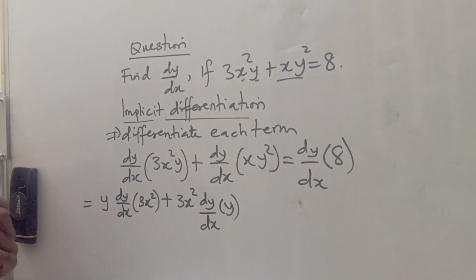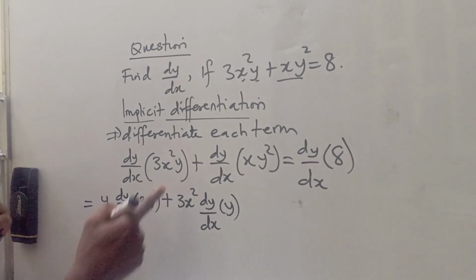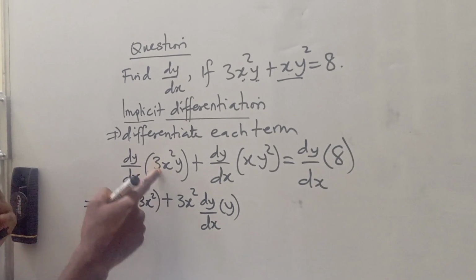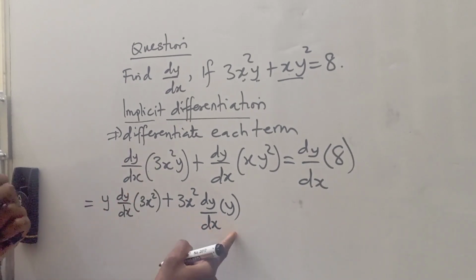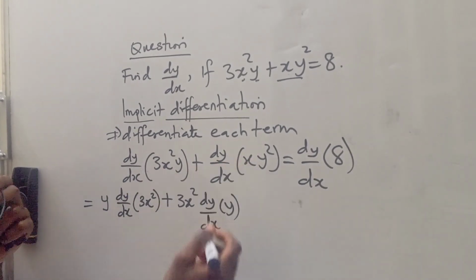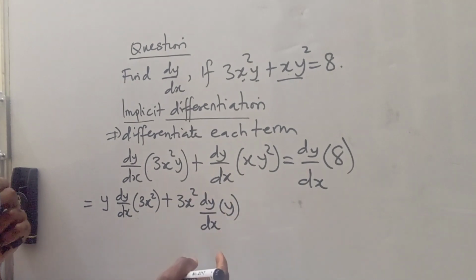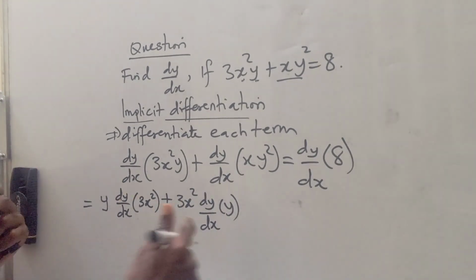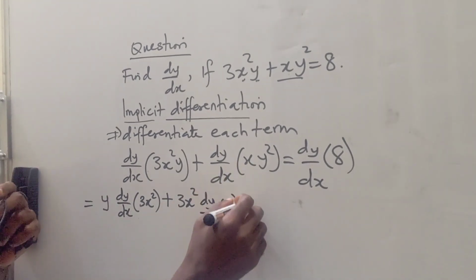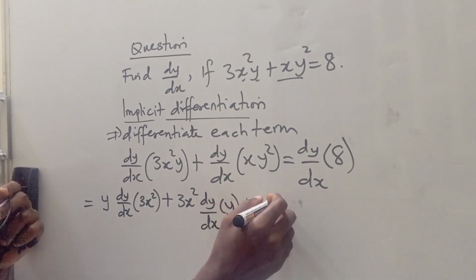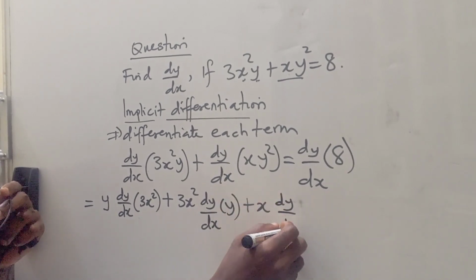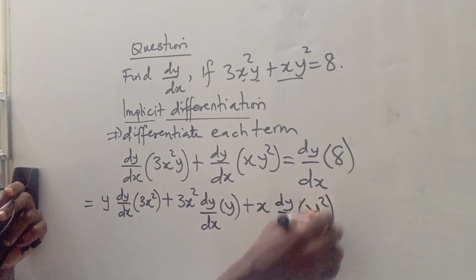All right, so that's how to do implicit differentiation. You keep this, differentiate this, you keep this, differentiate this. So we've done this for this part. Now we're going to do it here too. I'm going to keep x, so I have plus x, and I differentiate y squared.